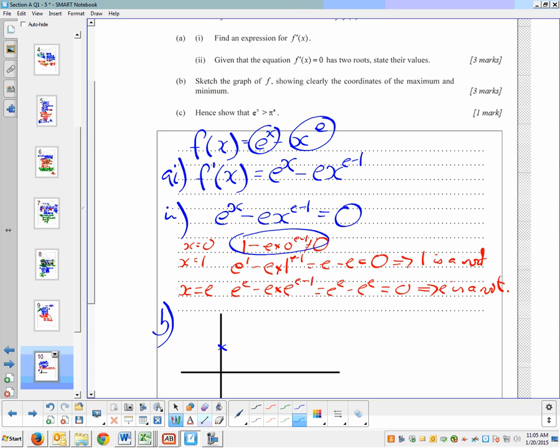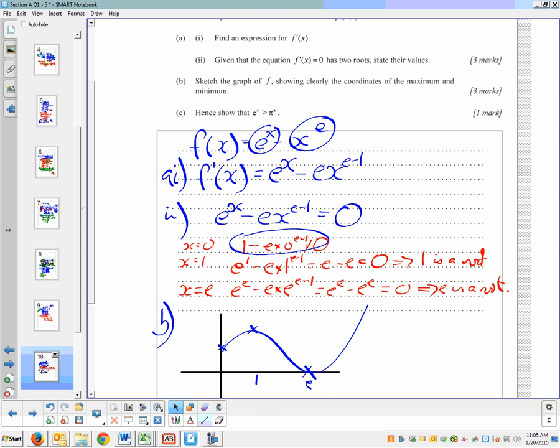It's got a minimum, that's e here, and it's got a maximum up here at 1. It's got to look something like that. I'm going to move this maximum point so it looks like it's more like there. Something like that. Sketch the graph of f, clearly show the maximum and the minimum.